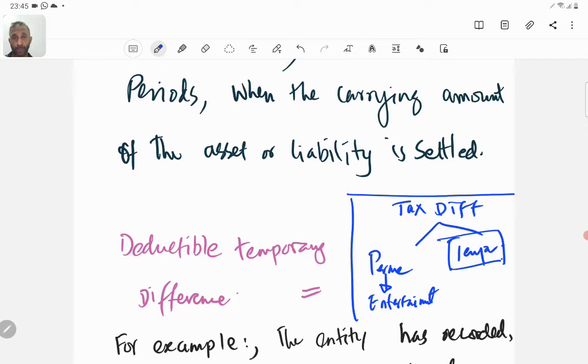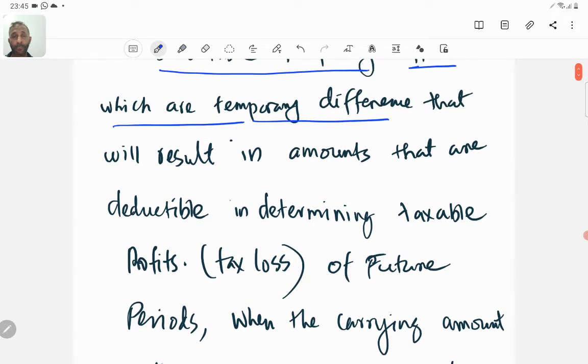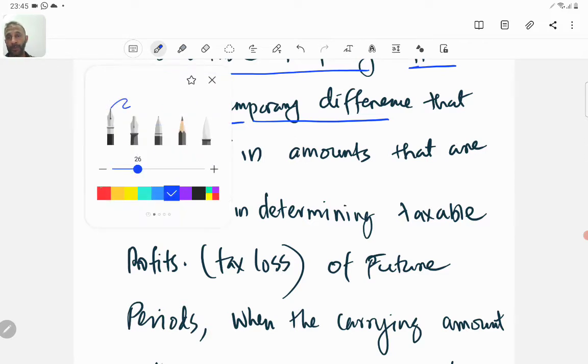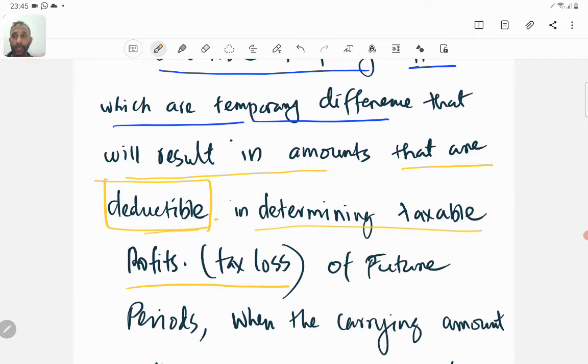So anyway, let's continue. Deductible temporary differences are temporary differences that will result in amounts that are deductible in determining taxable profits or loss. When we are about to determine the taxable profit or loss, we could deduct these amounts in arriving at the taxable profit.